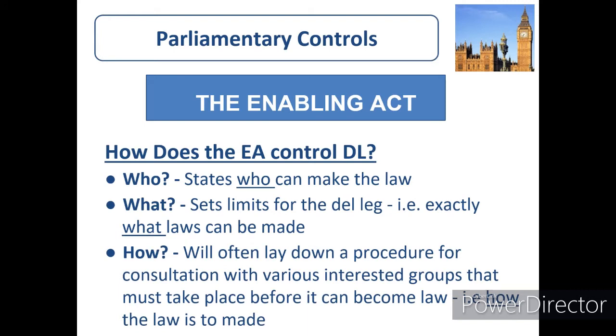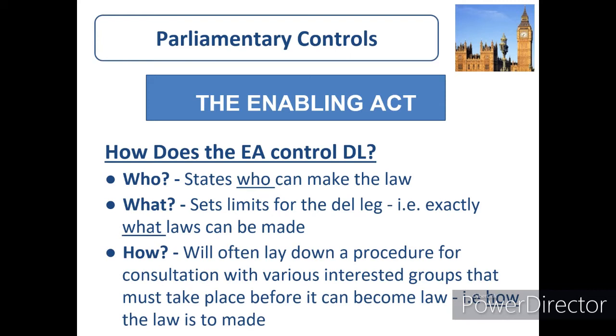How does the Enabling Act limit or control secondary legislation? Well, you remember three easy questions: who, what, how. So first of all, the who. The Enabling Act states who can make the law.